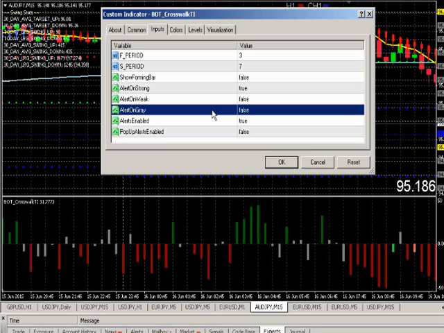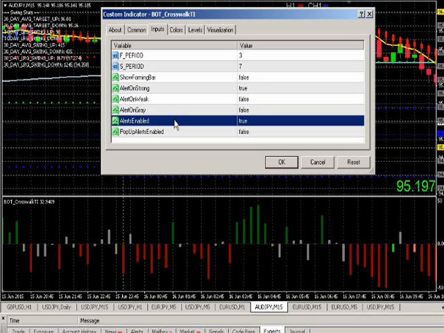Of course, we've got the weak oscillations. You can turn on alerts for those as well. We've got the gray area. You can turn on alerts for those as well. We've got the alerts themselves.